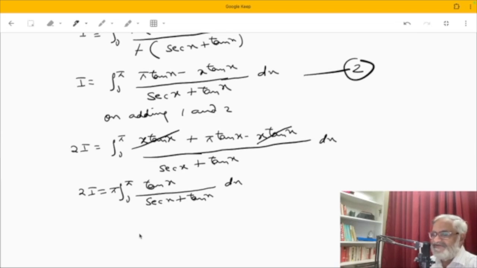We know the trigonometric identity sec square x minus tan square x is 1. So multiply and divide the denominator by the opposite sign of this. If here is plus, then multiply by minus. If sec x minus tan x is here, then multiply by sec x plus tan x. So here we will multiply numerator and denominator by sec x minus tan x.